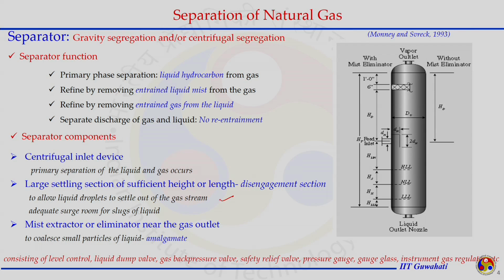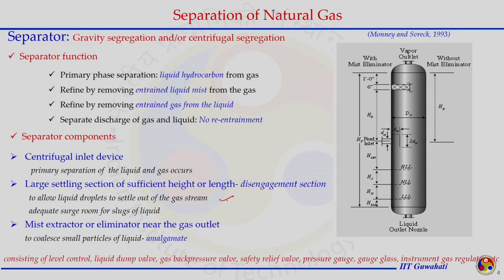When the gas is travelling up carrying some of the liquid compounds, they are getting separated because of gravity. There should be sufficient length in case of horizontal, sufficient height in case of vertical. Adequate surge room for slugs of liquid, meaning liquid is not going to interact with the gas again.